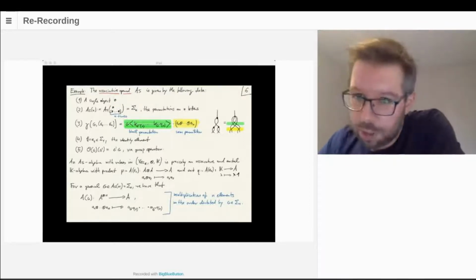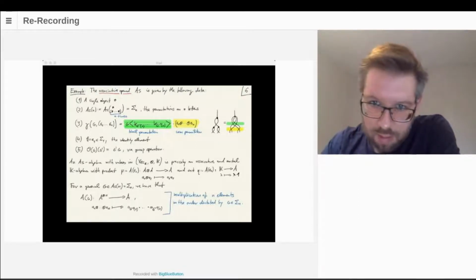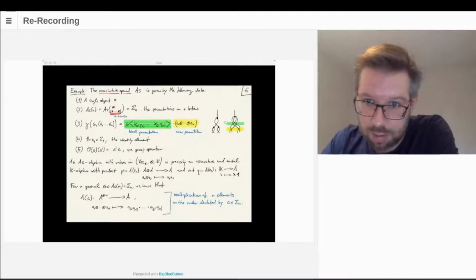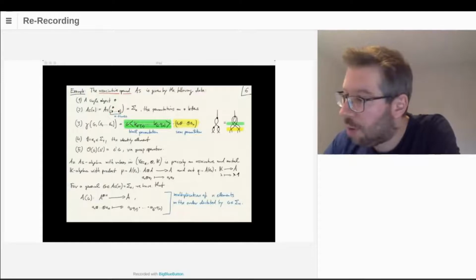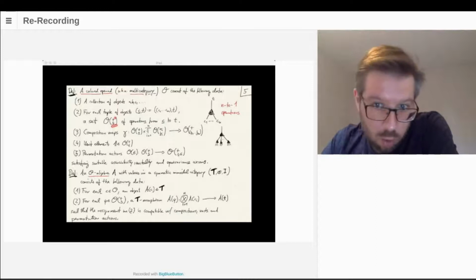Now, if you have a single object, these sets of operations simplify a bit, because you just have to say from how many to 1 you're looking at the operations. Generically, it was from a tuple C to T, but now all the objects are the same.